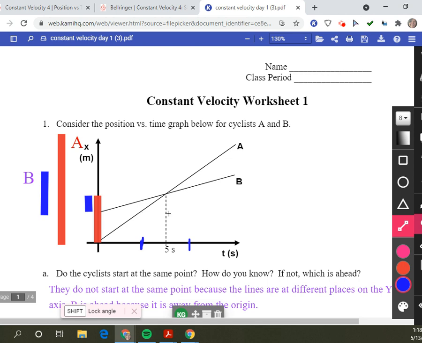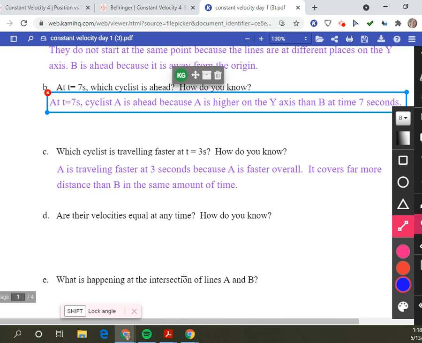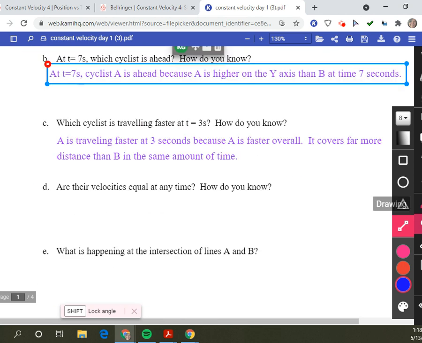So the question is, are they going the same speed right there? Well, no, because A has still traveled so much farther in that 5 seconds than B has. Right? So let's answer that question.